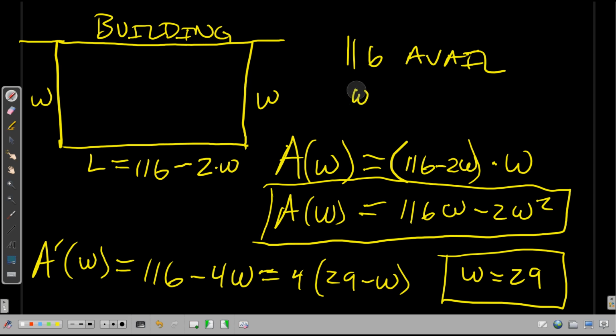So my interval must be that w is greater than 0, but there's only 116 feet of fencing available, so w must also be less than a half of 116, which is 58.